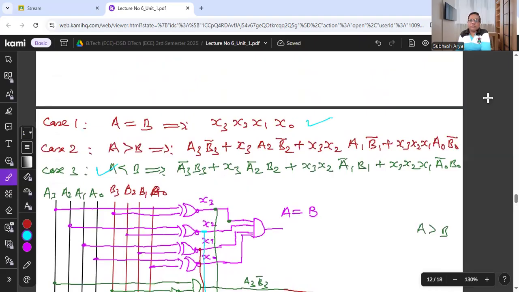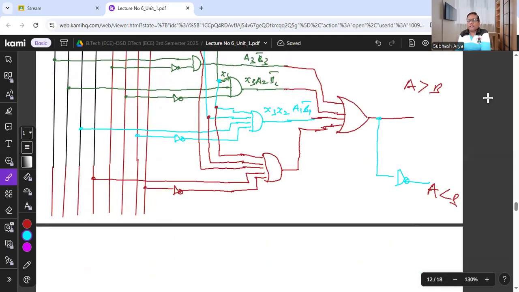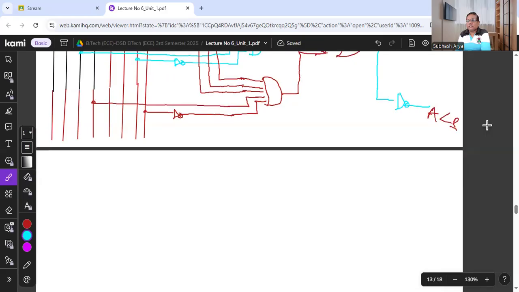First one is A is equal to B, and second one is A is greater than B. The third expression you can easily get by taking the inverse of A is greater than B. Then you will get A is less than B.